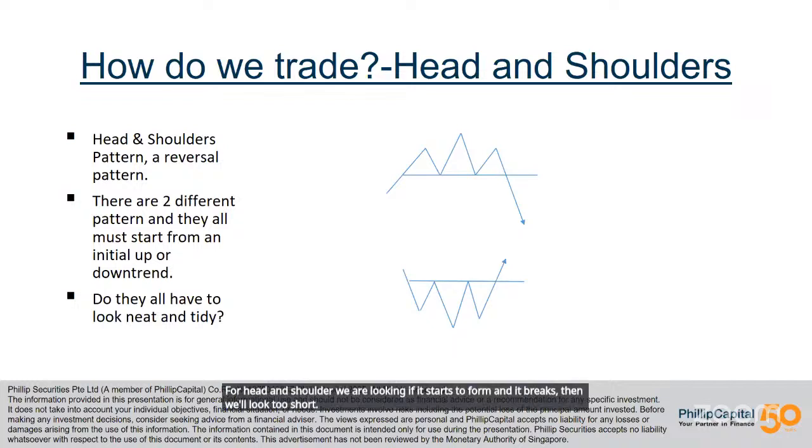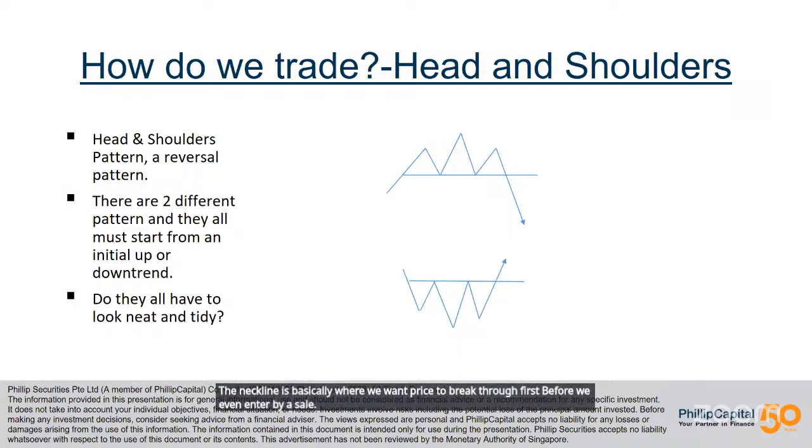For inverse, the price is going down, and once it reaches the bottom and starts forming an inverse head and shoulders, and it breaks, that's where we enter long. Some key characteristics: we can see that there is a neckline. The neckline is basically where we want price to break through first before we even enter a sell.